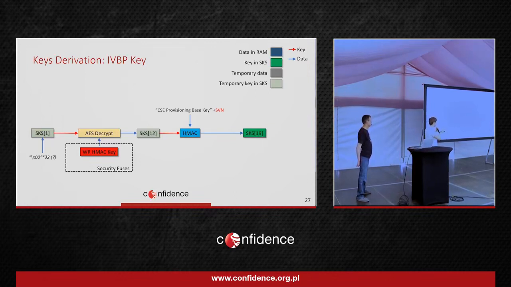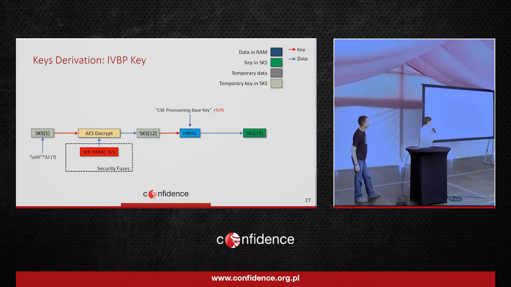After that, by SHMA, it uses key 11 for SHMAC on data with this string, and SVN. SVN is a special field which protects your system against downgrade. After that, ME calculates this key, and this key is used for decryption of the IVBP partition and verifying it.